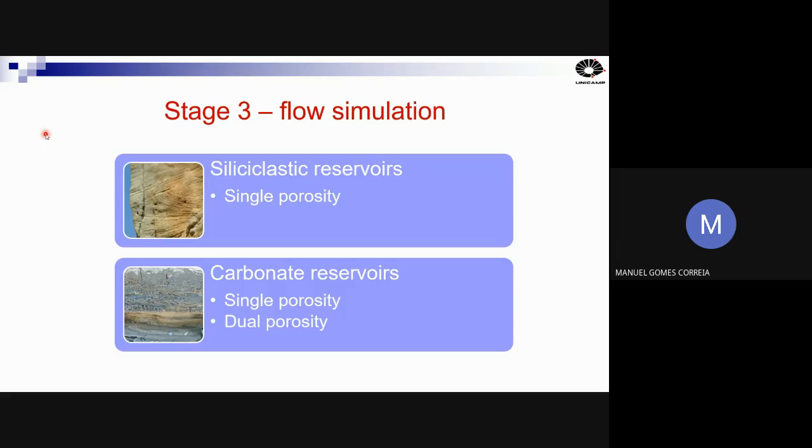So I'm gonna make some kind of resume here because it's quite important to this integration in between the flow simulation and geological model. So it's only a resume here, but I think that in the forward class, some things here like formulation in the dual porous reservoirs, my colleagues will gonna talk about it again, okay?